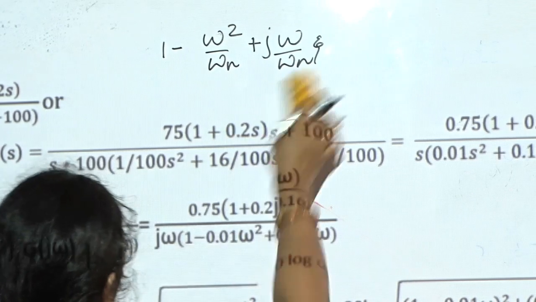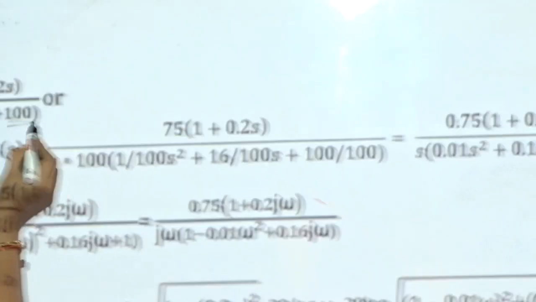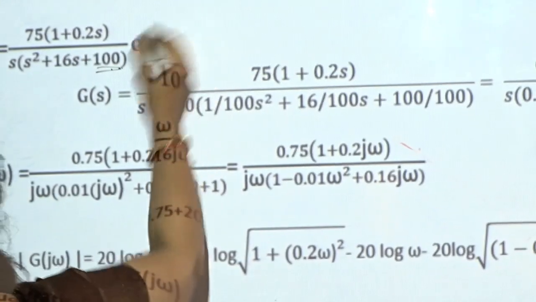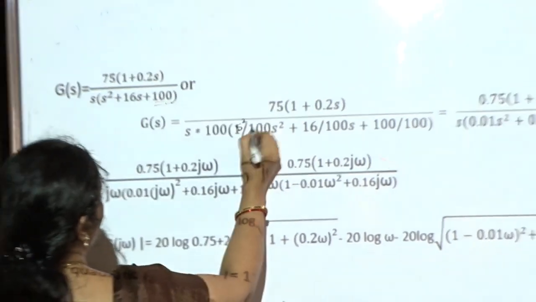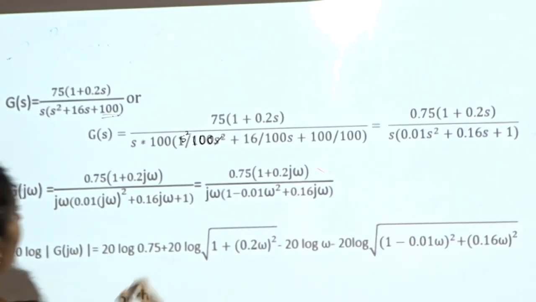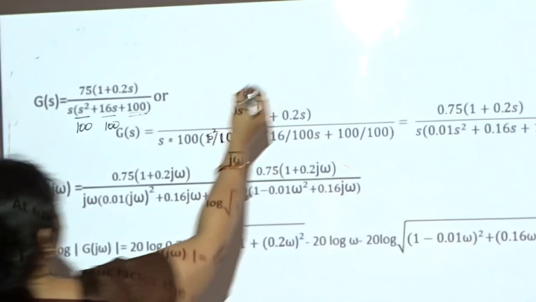So now we will have to get this into the standard form. We have to remove this 100 outside. When removing the 100 outside, this is s square by 100, then 16 by 100 s.